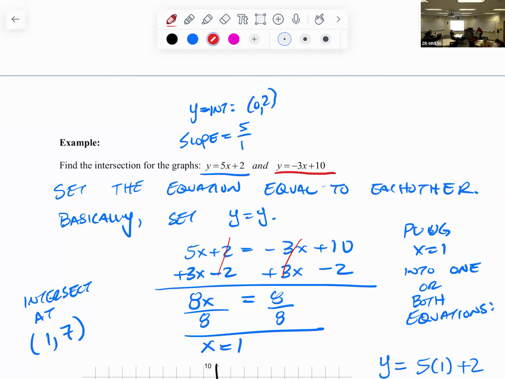For the other one, what's the y-intercept for my red line? (0, 10). And what's the slope here? -3/1. Again, technically -3 is correct, but why do we like to write it as a fraction? It's easier to graph, because what's our little phrase? Rise over run.